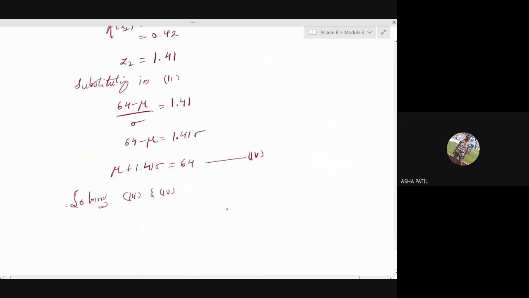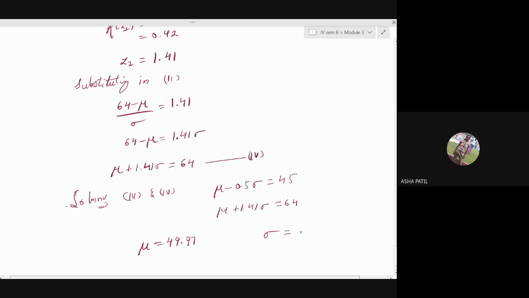Equation 3 is mu minus 0.5 sigma is equal to 45. And here you have mu plus 1.41 sigma is equal to 64. Use your calculator to solve this. Don't solve it analytically, it takes lots of time. Though you may feel that it is simple, mu equals 49.974, 49.97.